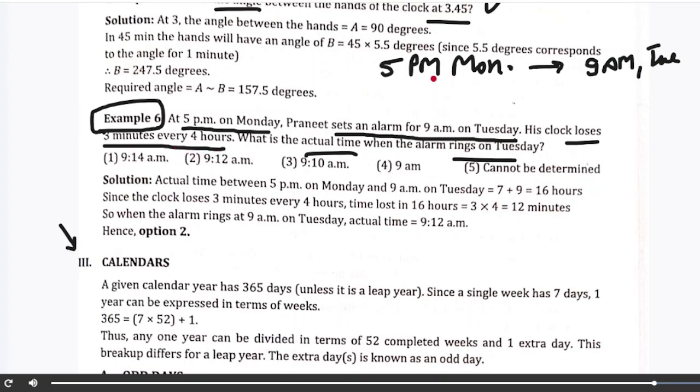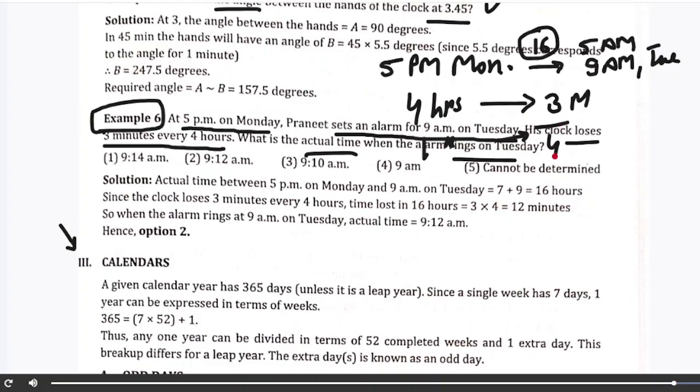That means from 5 p.m. Monday to 9 a.m. Tuesday, how much time is it? 5 p.m. to 5 a.m. Tuesday is going to be 12 hours, plus 4, that means 16 hours is the duration. Now, in 4 hours, if it loses 3 minutes, in 1 hour, it will lose 3 by 4. And in 16 hours, 3 by 4 into 16, that means it will lose 12 minutes.